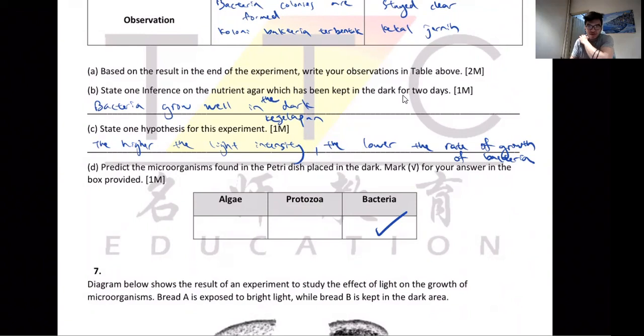If they have chlorophyll, then of course they will grow well in sunlight. But algae is definitely out of the question, because algae definitely has chlorophyll. Bacteria and protozoa is okay, but I'm going to stick with bacteria because 99.9% of bacteria don't have chlorophyll.